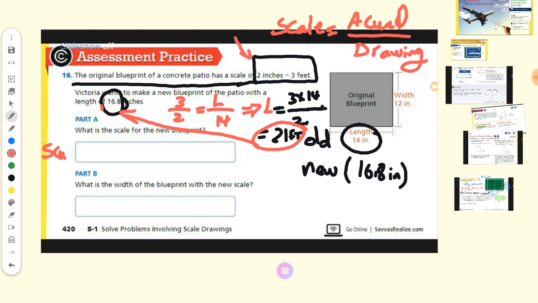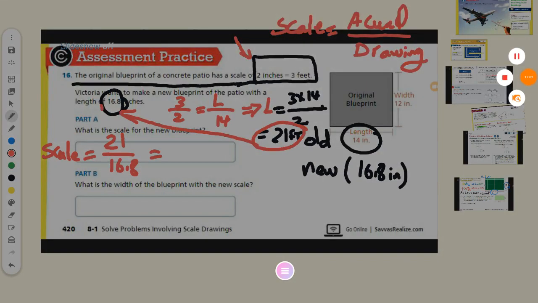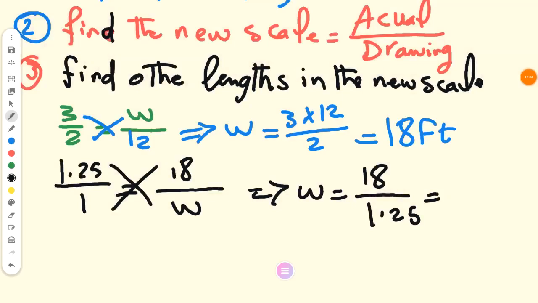The new scale can be written as 21 over 16.8, which at the end equals 14.4 inches in the drawing. So the new scale of the drawing is 14.4.